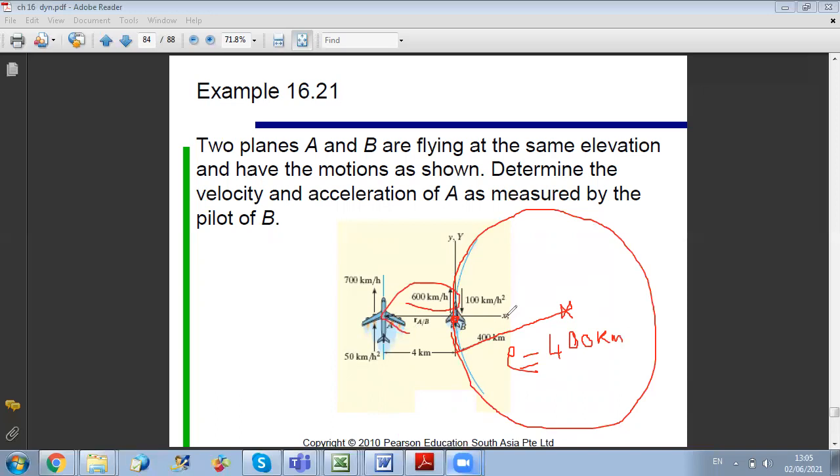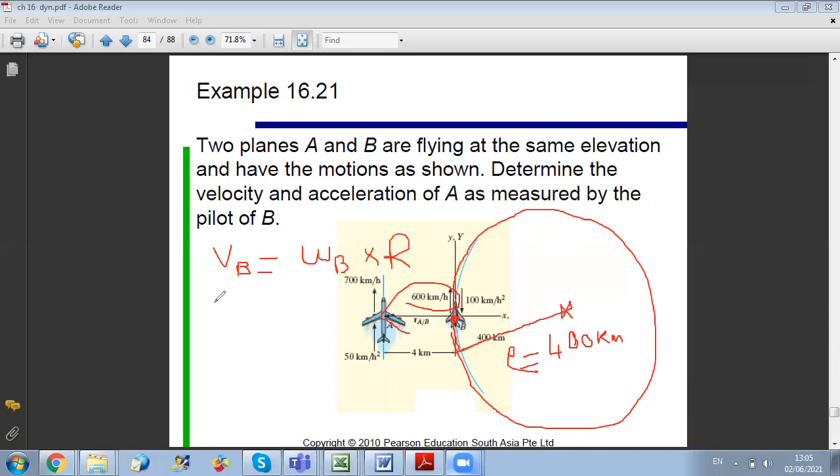Since B is doing rotation about a fixed axis, I can write that VB is equal to omega B times the radius R, the radius of rotation.